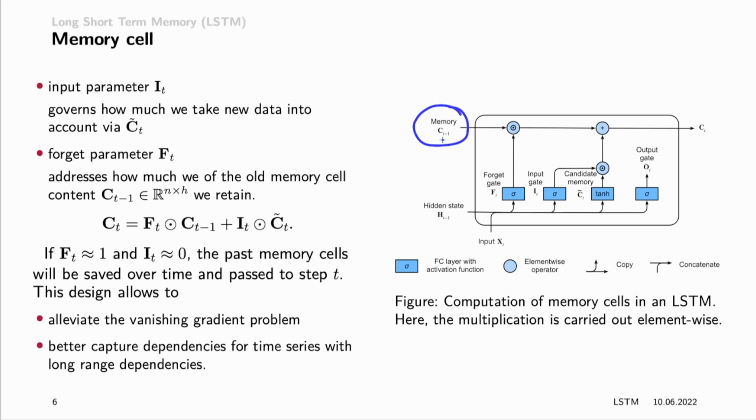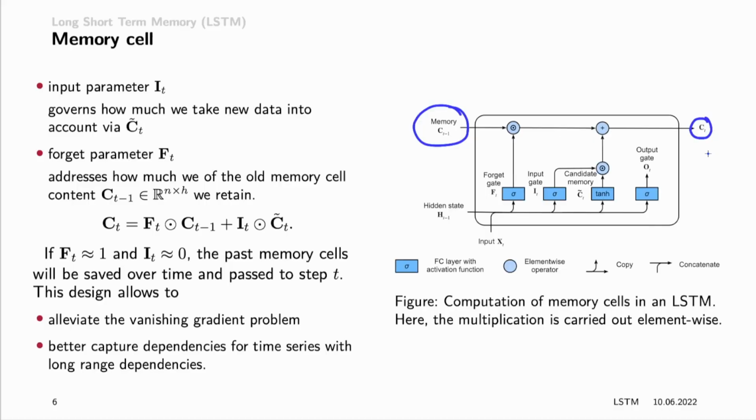So the memory cell C t-1 is passed into our current cell, and our current cell then computes Ct. And we will discuss how it's computed shortly, but then Ct is passed on to the next cell.